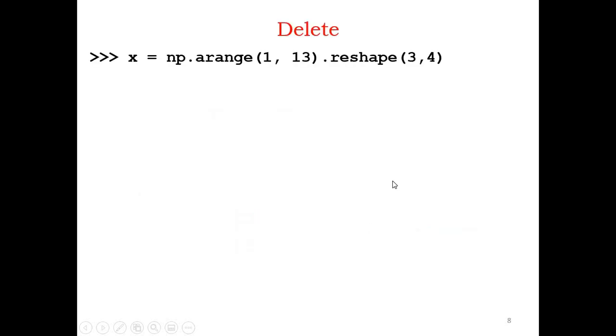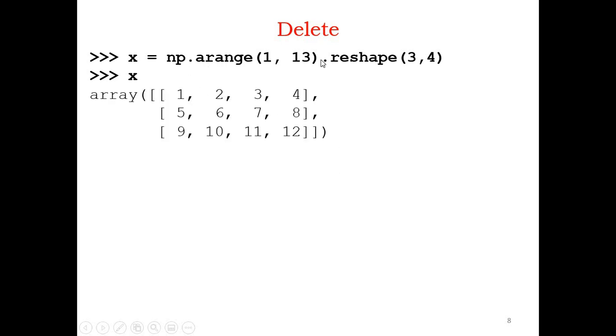Well, so now delete. Suppose you have created an array like this. If you remember this, it is just to create the array with np.arange 1 to 13, and then we reshape this with 3 by 4. So it's a 3 by 4 array, 2D array. Now we want to delete one element, and we have also referred the axis. So np.delete, delete is the method, and you put the name of the array, then the index number, and then the axis equal to 0.